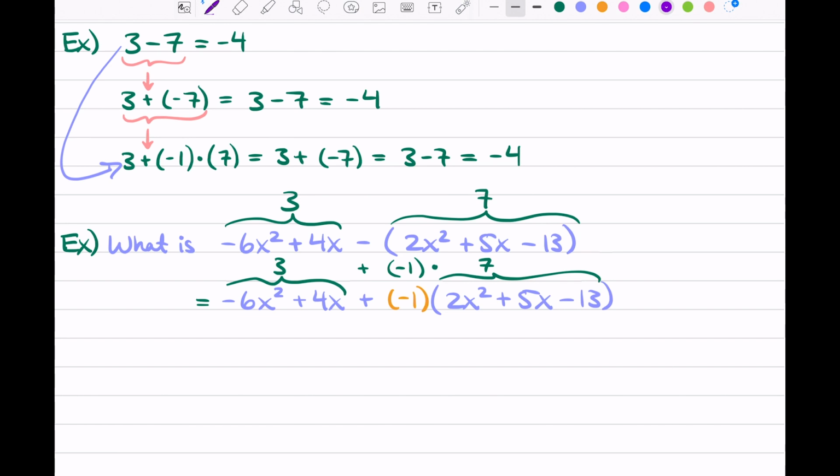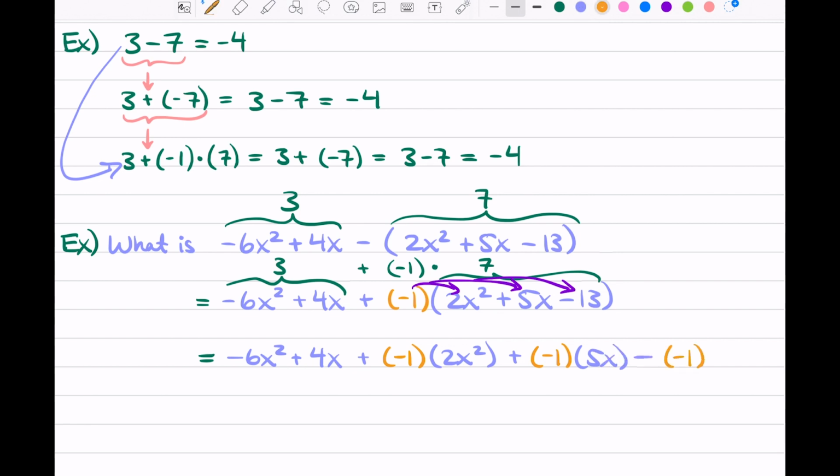Now we can see that this -1 piece, we can just distribute to each piece inside the parentheses. So let's go ahead and do that. We have -6x squared plus 4x plus -1 times 2x squared plus -1 times 5x minus -1 times 13.